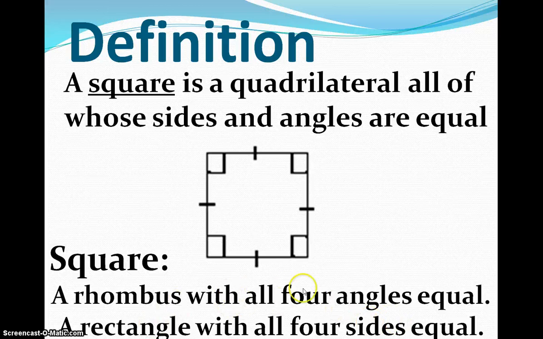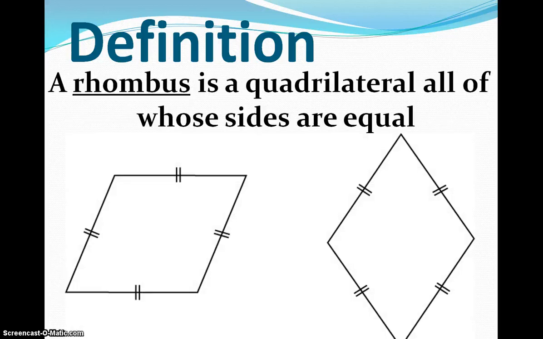A rhombus, which we'll find out here in a second, has all equal sides, not necessarily equal angles, which is exactly what I just stated. So a rhombus is a quadrilateral, all of whose sides are equal. And when we get more specific into a square, we're saying that all the sides are equal, and the angles are equal. But with a rhombus, it's just the sides that we're dealing with here. So it could be a diamond shape, as you've seen before.